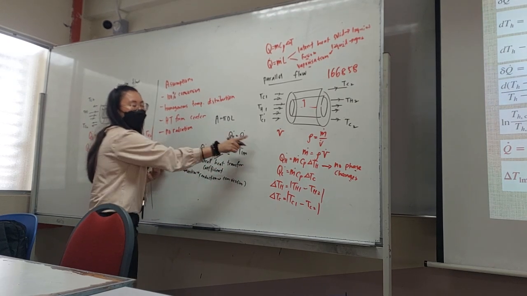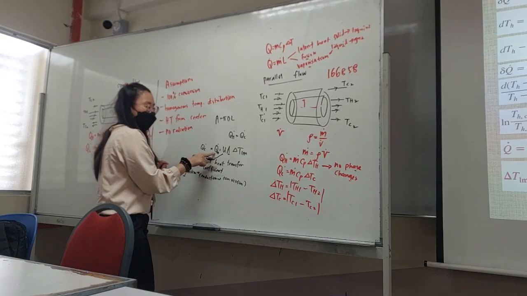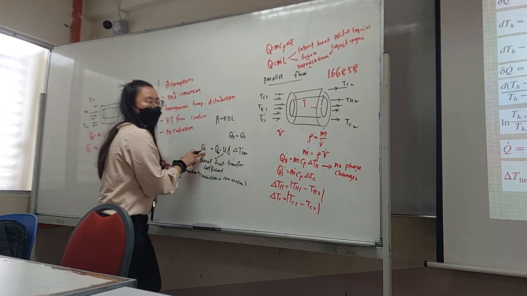Because of 100% conversion, Q is QH, or if you get a QC value, it equals QC.